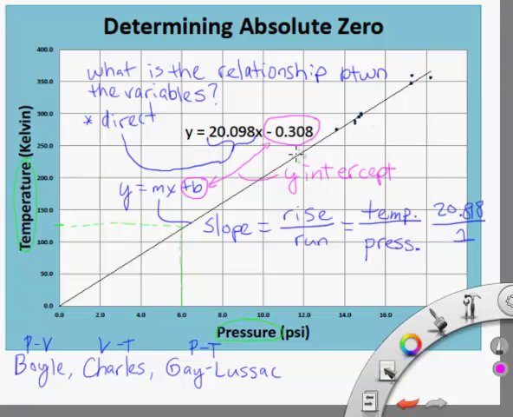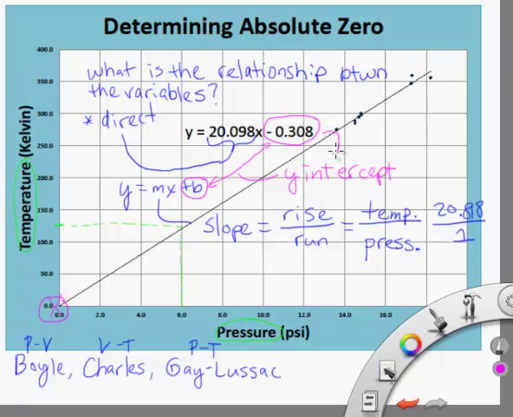It's where your x value becomes 0. The point on the y scale, the temperature scale, at which the pressure goes to 0. What is that? Is it 0, 0? No, it's not 0, 0. It looks like it intersects at 0, 0, but it is not. It is negative 0.308. The y-intercept is negative 0.308.